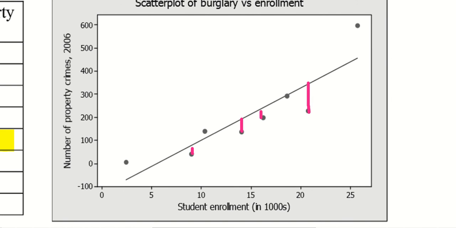We have 1, 2, 3, 4 negative residuals. Looks like we were pretty spot on that one. Let's change that color so that we see it. So that one's spot on. And then we have some residuals that are positive, so we under-predicted there and observed crimes that actually were higher than what we thought they would be. So it looks like we have 3 positive residuals, 4 negative residuals, and 1 that's right on the line.